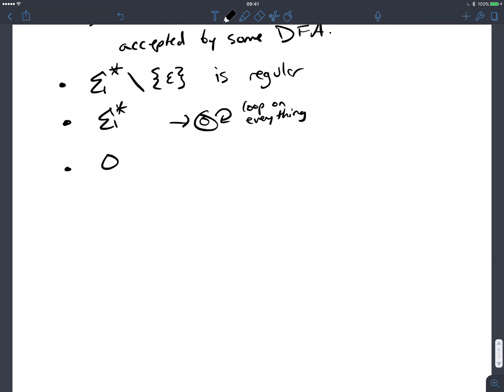What about the empty set? Is it regular? Could I build a DFA for it? Yeah, I could very well make a DFA just like the last one, but I just make it not final.